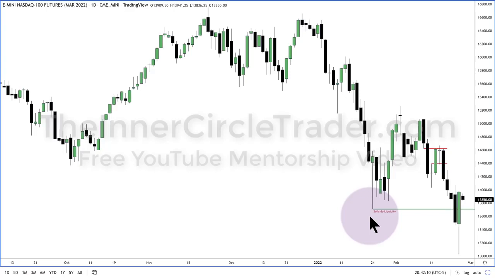The markets only book and print these candles based on two principles: liquidity, going above old highs for buy stops, going below old lows for sell stops, or rebalancing or creating imbalance. So it's imbalance, rebalance, run for liquidity.